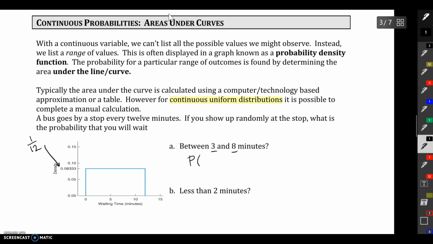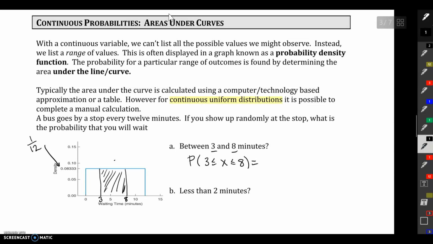Okay, so if I want to know the probability that I wait between 3 and 8 minutes, I could write that as the probability that my x value is greater than or equal to 3 and less than or equal to 8. And I'd find that by thinking about the area underneath my density curve between 3 and 8. Again, that's a rectangle.